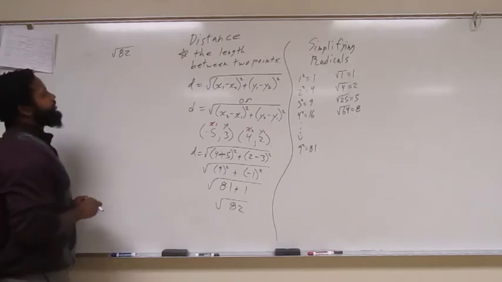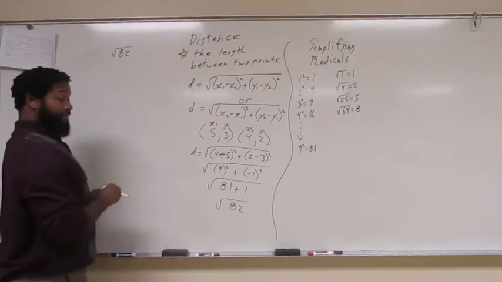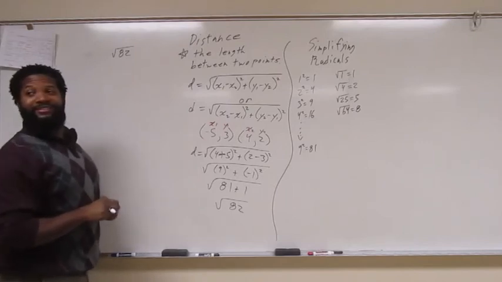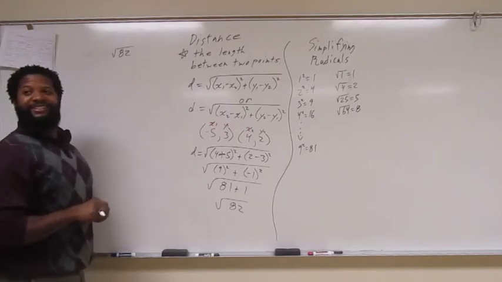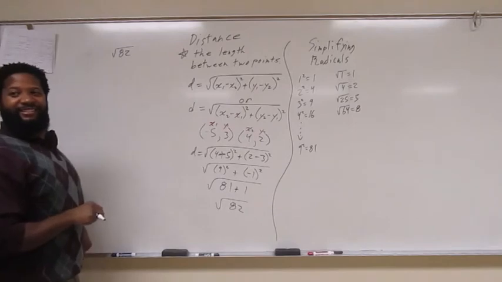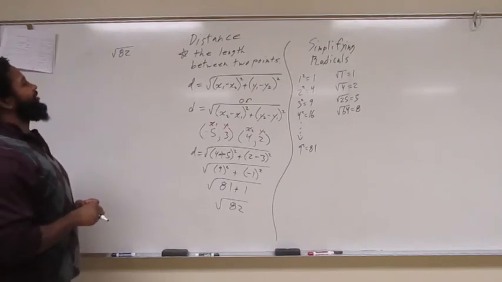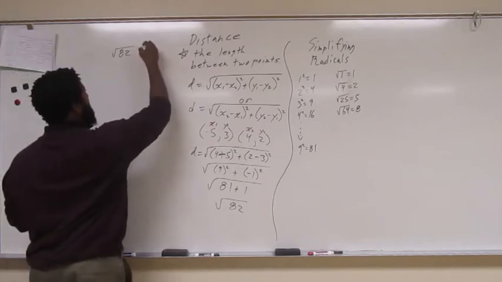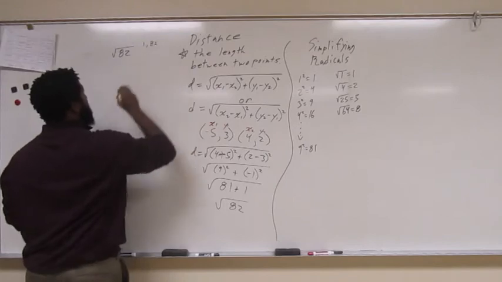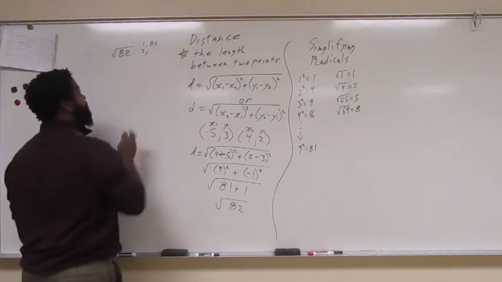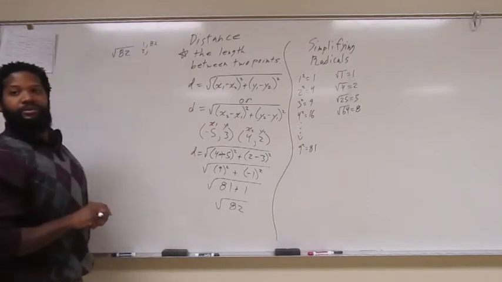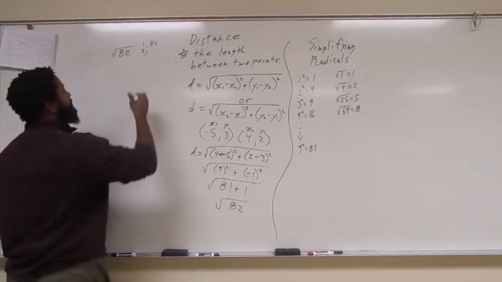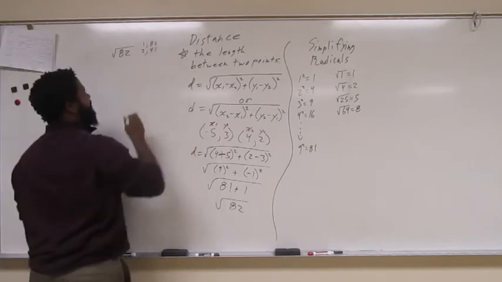So you ask yourself, obviously 1 times 82 is equal to 82. 2 times what is equal to 82? 41.